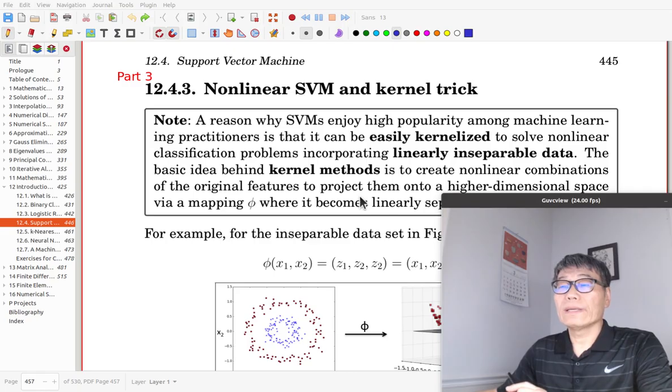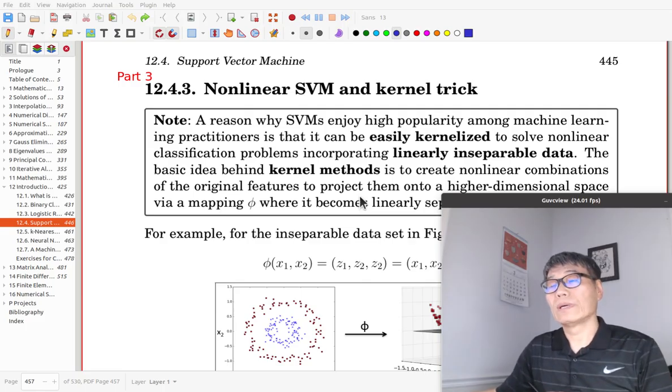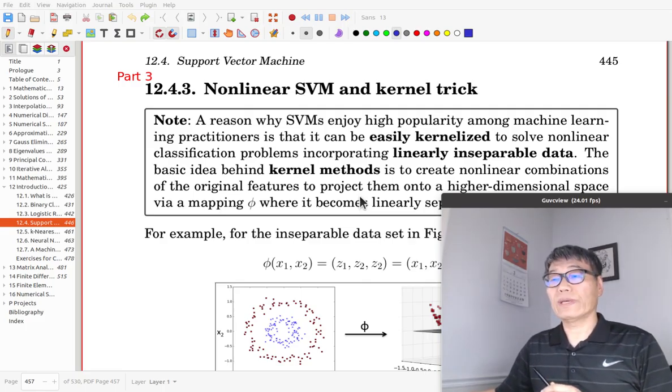The reason why support vector machines are quite popular among machine learning practitioners is that they can be easily kernelized to solve nonlinear classification problems, including inseparable data sets. The basic idea behind the kernel method is to transform the data points into a higher dimensional space.